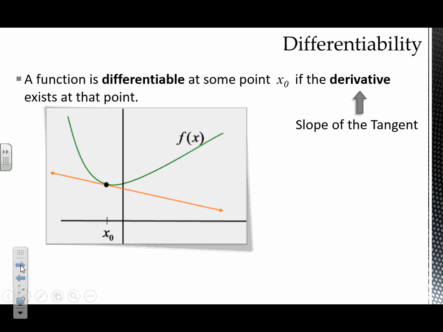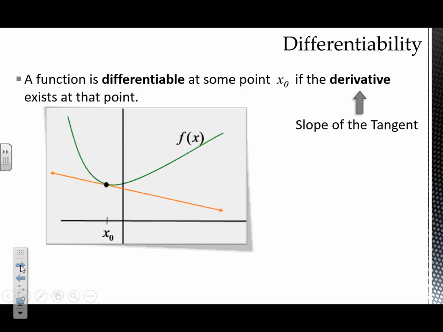A function is differentiable if the derivative exists at that point. If we can draw a tangent line there, and only one tangent line, there's only one tangent line per point. If we can draw a tangent line, then our curve is differentiable there.